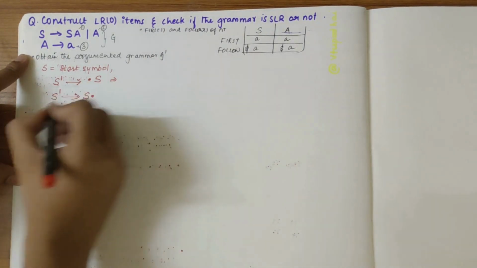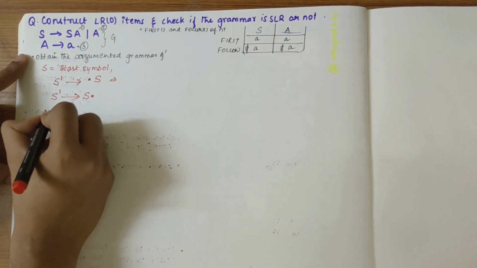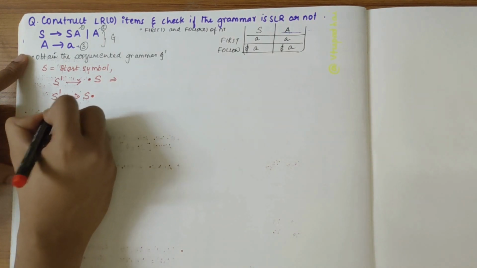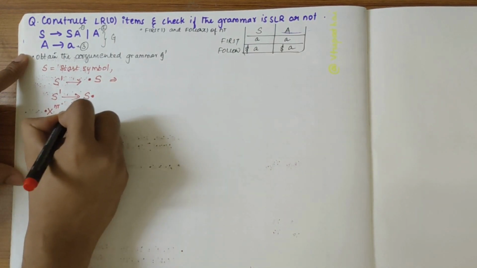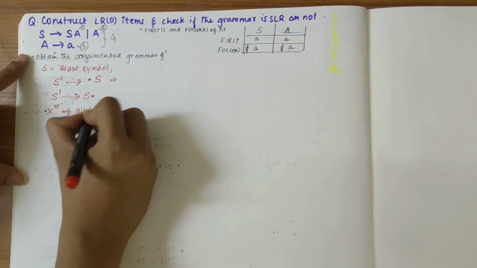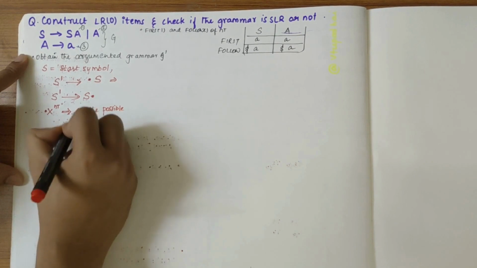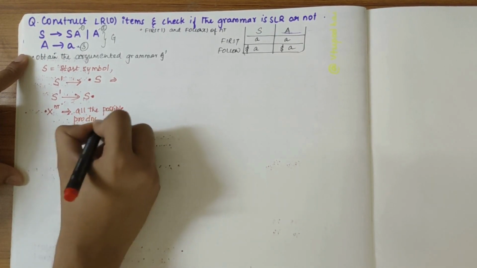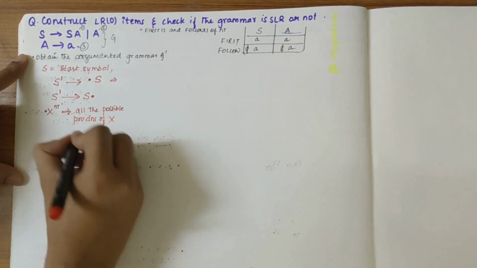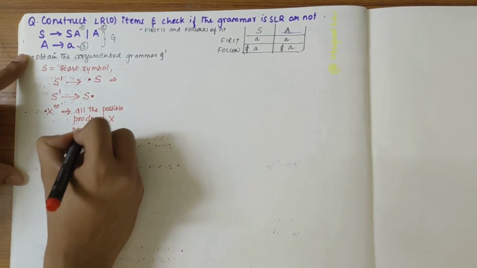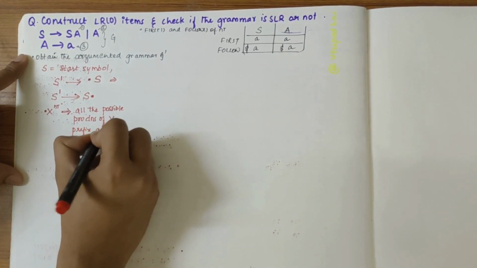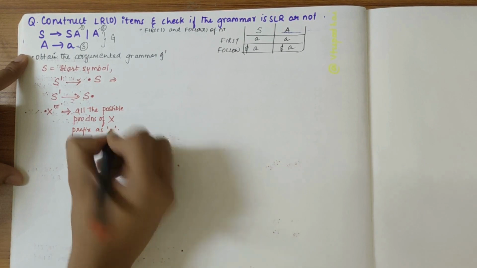After the dot, if there's a non-terminal, suppose X is there, then I should write all the possible productions of X with prefix as dot.